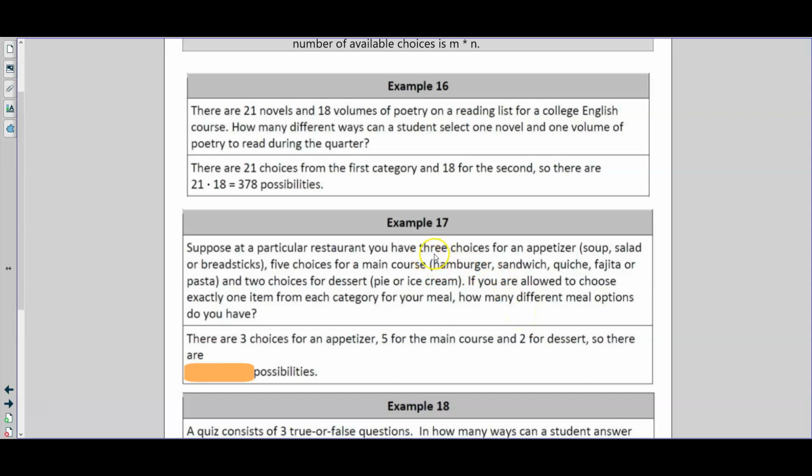We said there were 3 here, 5 here, and 2 there. So if I multiply 3, 2, and 5, there you go. There's 30 possible ways you could come up with some meal options. We're not going to list out all 30 possibilities. We just know that there are 30.